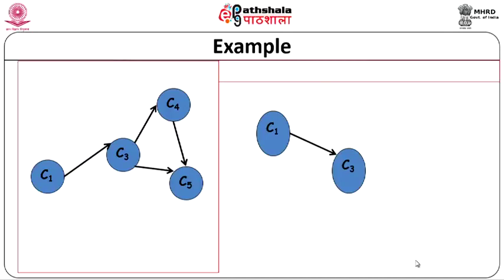That means C3 I have completed. I can't do C5 because before that C4 has to be done. Therefore, I will complete C4 and finally, I will complete C5. In other words, this is the topological sort of this particular problem.